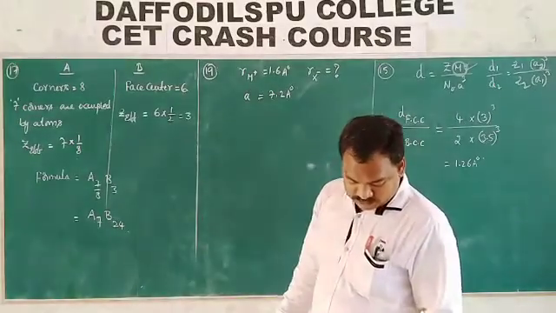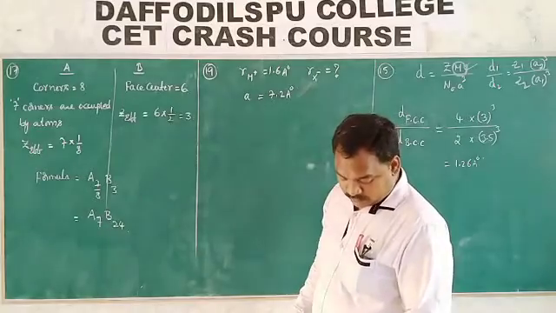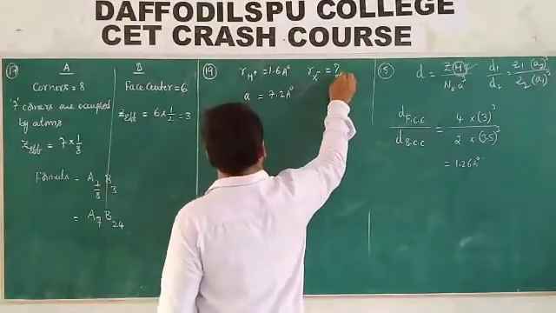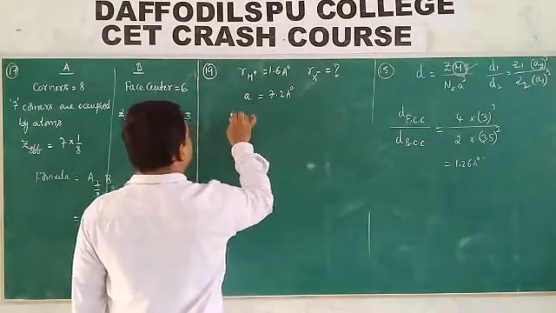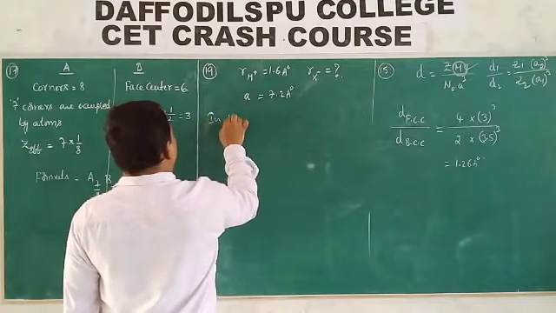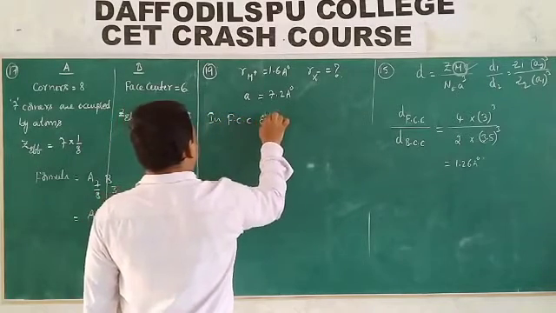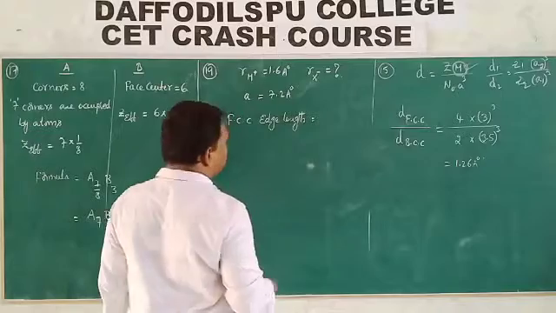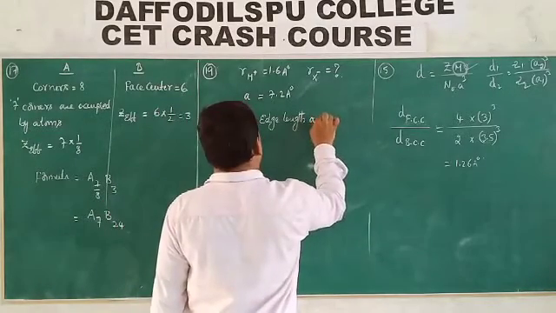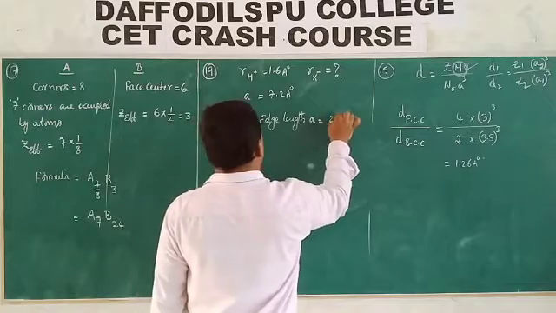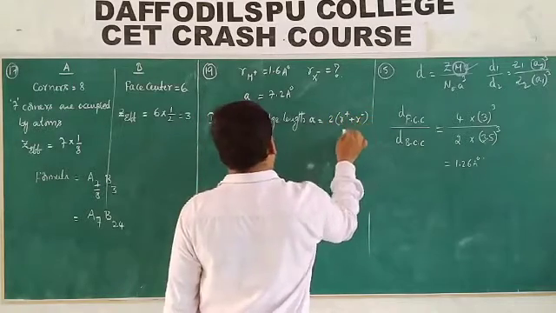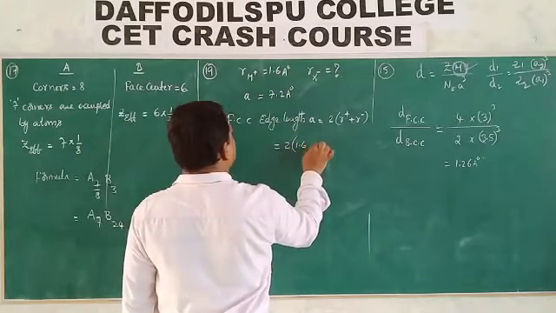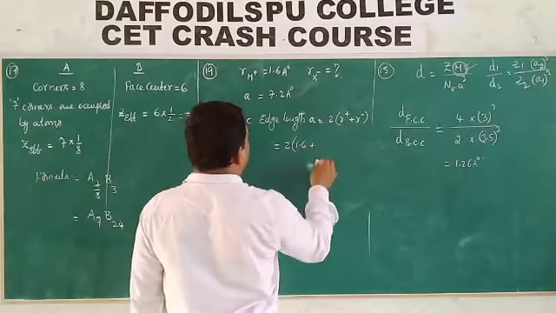So now what they are asking? The radius of X- ion, this one. The shape of the crystal is FCC. In FCC, edge length a is equal to 2 into (r+ plus r-). So it becomes 2 into (1.6 plus r-).